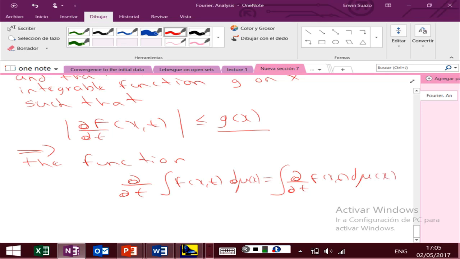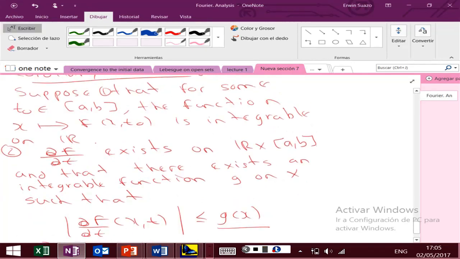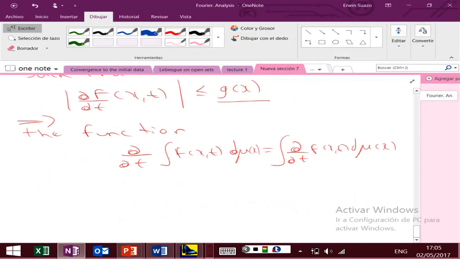I just put R for understanding, but this can be any space X with a measure. If you want a particular case, just choose the Lebesgue measure, and then there will be dx. So you interchange the derivative with respect to time with the integral with respect to x.